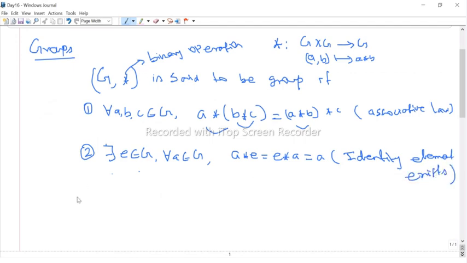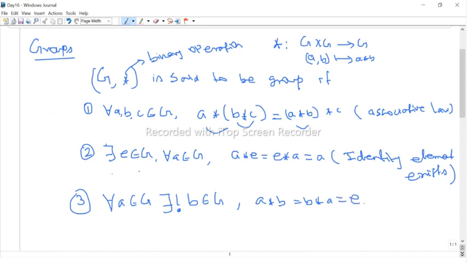Okay, now the third property, inverse. That is, if we take any element A in G, for each element there is a unique inverse. Therefore, there exists a unique B in G, such that A star B equals B star A equals the identity element.